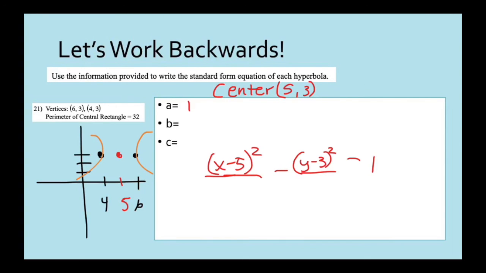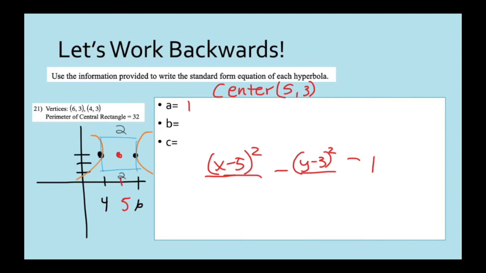We are now told that the perimeter of the central rectangle is 32. So let's draw a rectangle. I just connected the vertices there. And I put that it was 2 at each one, because that distance is 1 and 1, and the distance between 4 and 6 is 2.